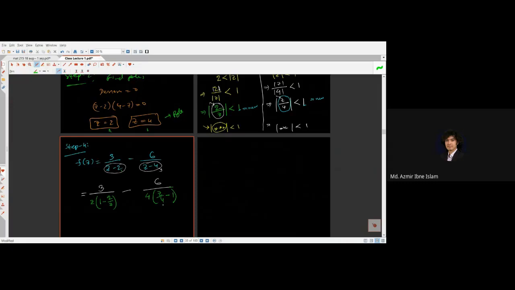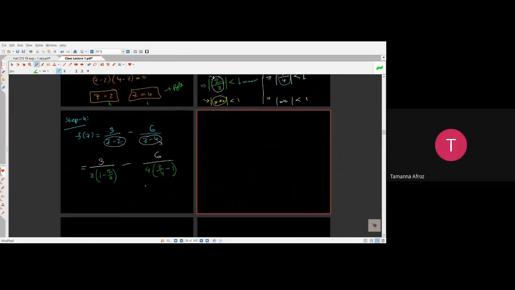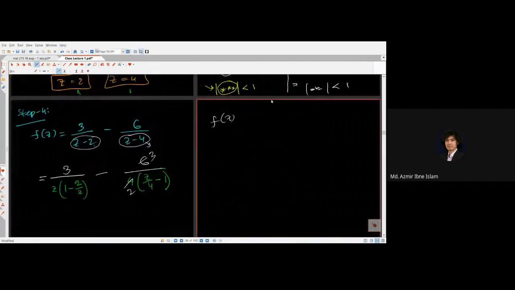Clear? Is it okay? Yes, sir. Now we can also simplify. It is 2 and 3. So from f of z, we are getting 3 by z, 1 negative 2 by z, negative 3 by 2, z by 4 negative 1, whole inverse.